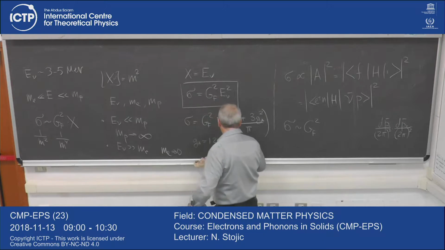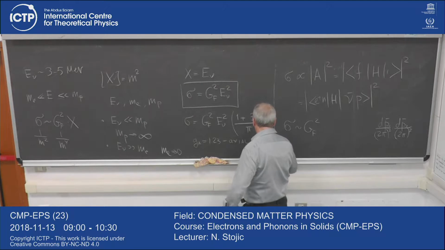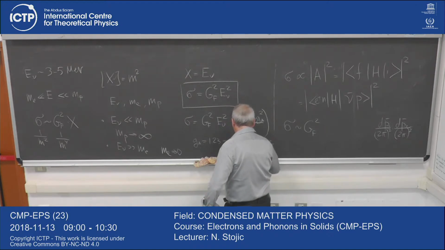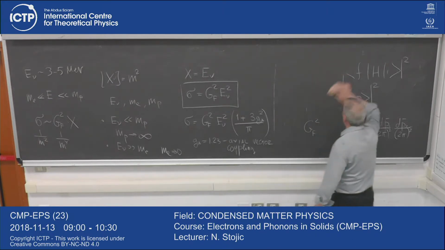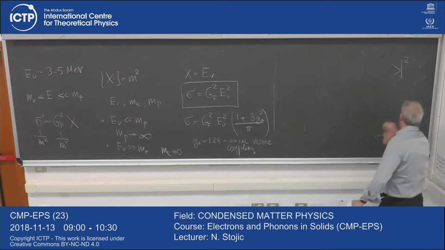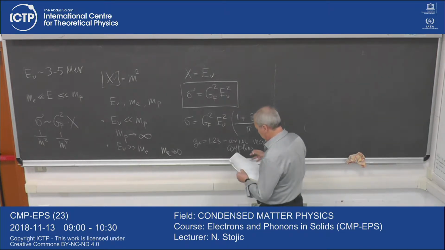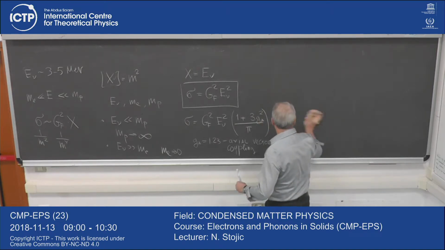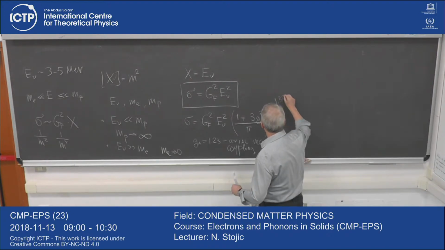This is the axial vector coupling. So if you insert this quantity, then you will get that this additional factor is approximately 4/3, approximately 1.33.